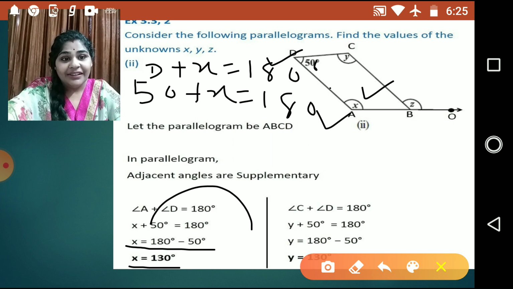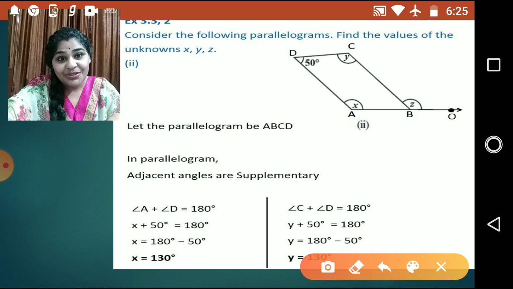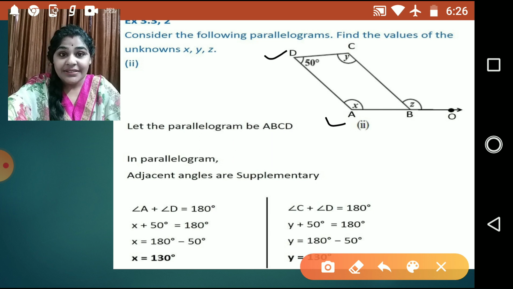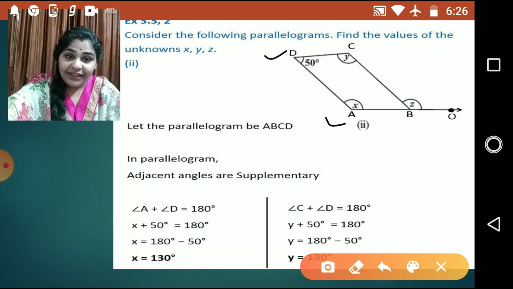We got the angle X equal to 130 degrees. I hope you understood, children. Angle D and angle A, which is X, are an adjacent pair of angles, and in a parallelogram the adjacent pair of angles add up to 180 degrees. So we are just subtracting 50 degrees from 180 degrees to get the angle X.